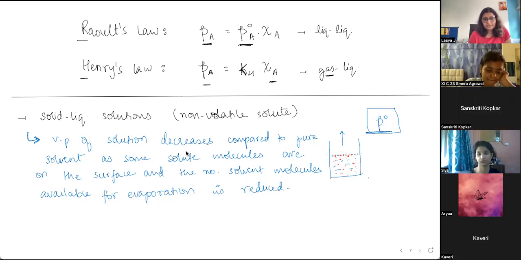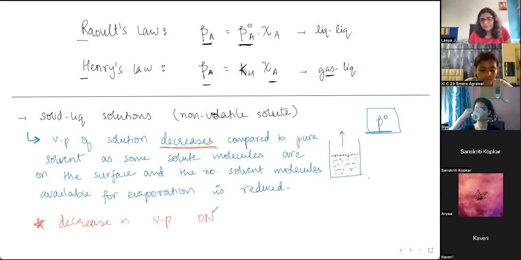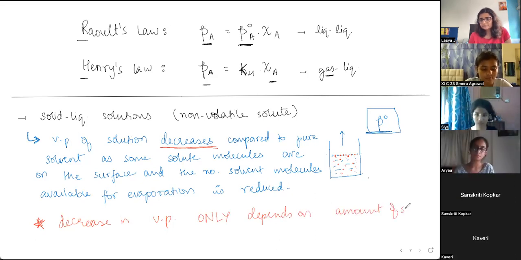So by how much does this decrease? This decrease in vapor pressure only depends on the amount of solute and not on the nature of solvent.